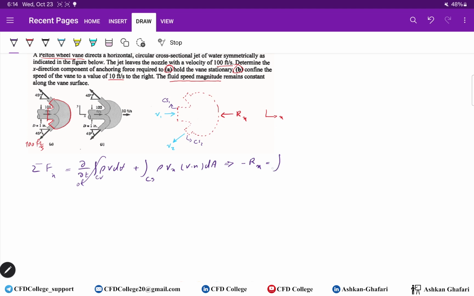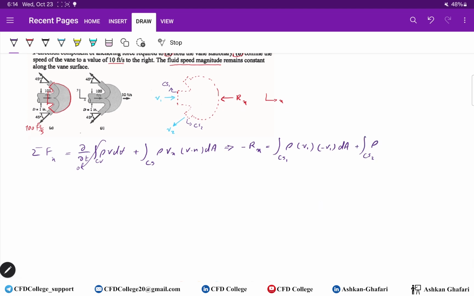equals, for control surface 1, rho Vx is V1 and V dot n is minus V1. Why? Because we have inlet dA. For control surface 2, rho V2x. Okay, if this is V2, the angle is 45.